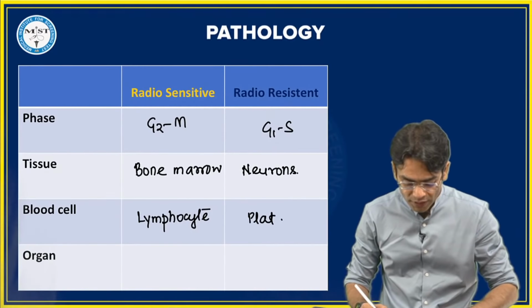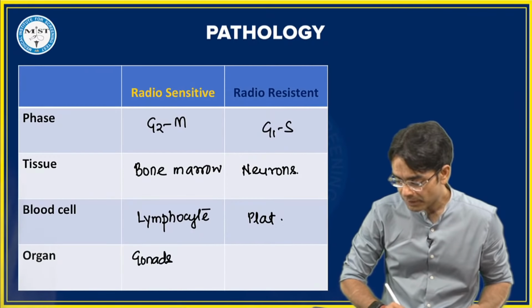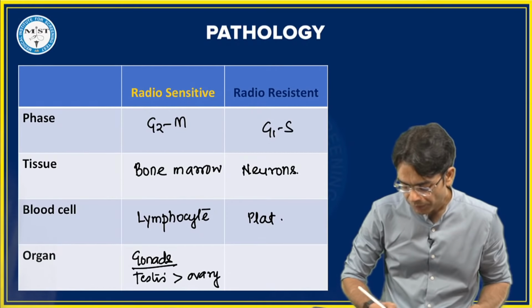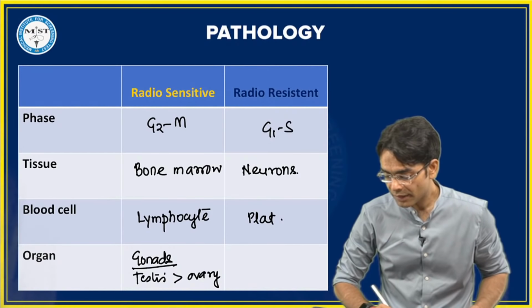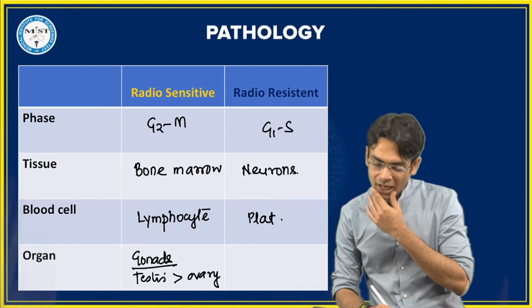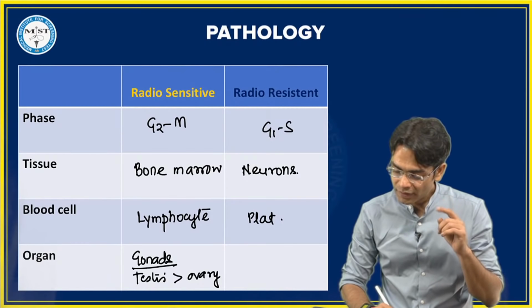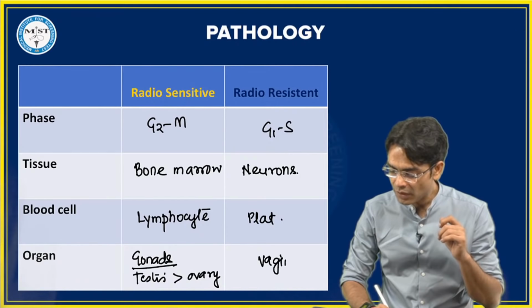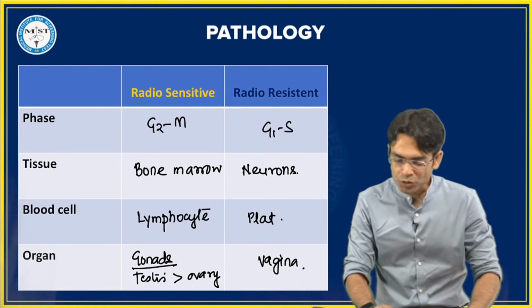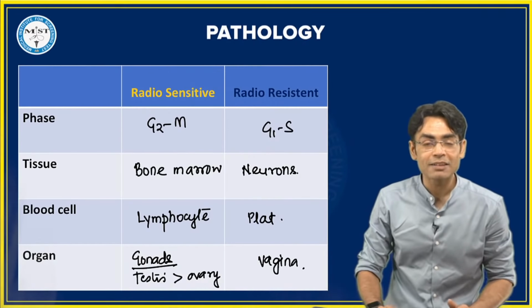And lastly, the organ which is most radiosensitive is the gonads, testes more than ovary. And in the radio resistant, the organ we are talking about here, yes, very good, that's going to be vagina. Absolutely, guys. Thank you very much for answering this table completely with me, and I'm very happy with this.